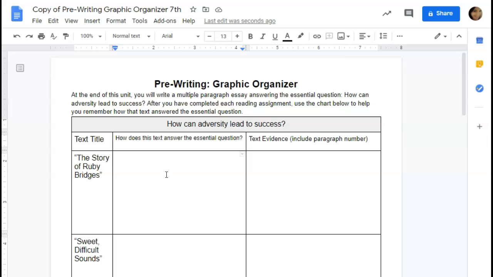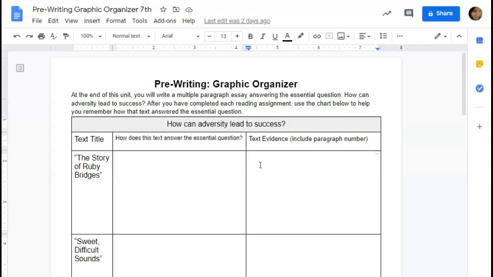So really think about the outcome, and so you could be able to answer that question here in a complete sentence. Over here is text evidence. That is a phrase that you choose to support your claim. And then in this column, you're going to want to put text evidence that supports that claim that you put over there.